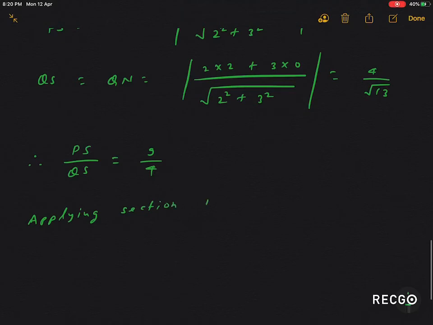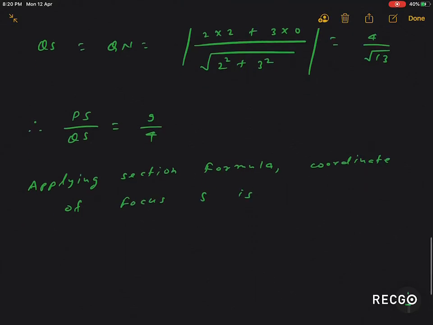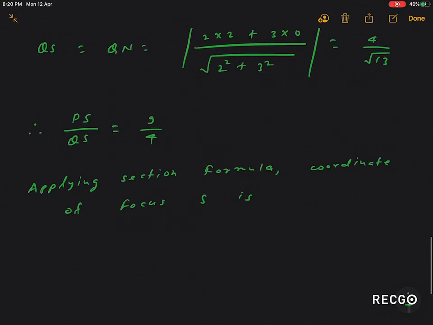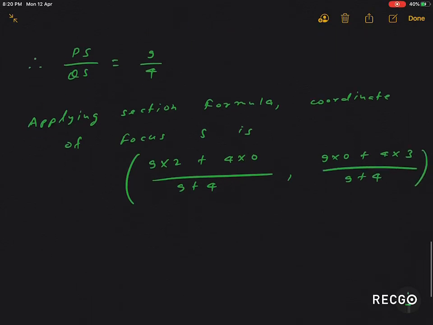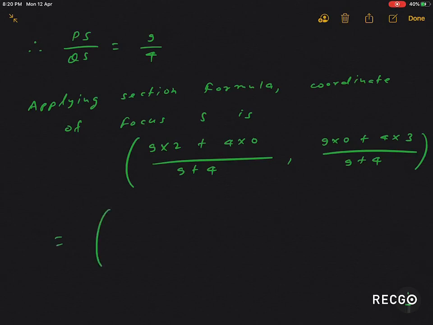So in this way we got the ratio of PS is to QS smartly, and now using section formula we can find the coordinates of the focus. So PS is to QS is equal to 9 by 4, and therefore applying section formula for internal division, we are going to find the coordinate of the focus S. Let us apply (mx2 plus nx1) divided by (m plus n), because m by n is 9 by 4.